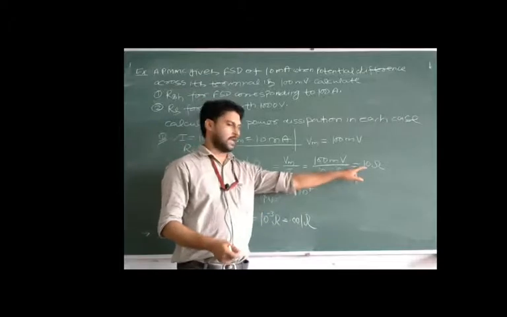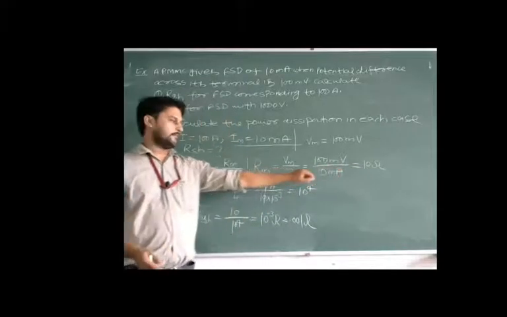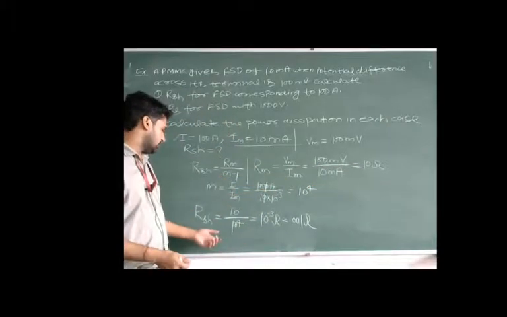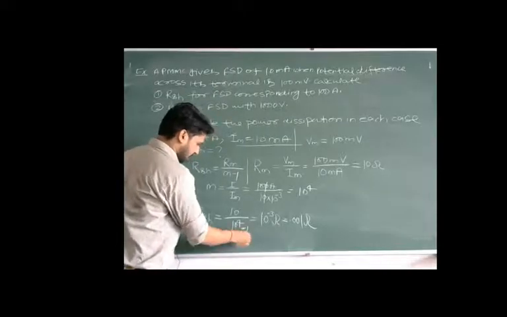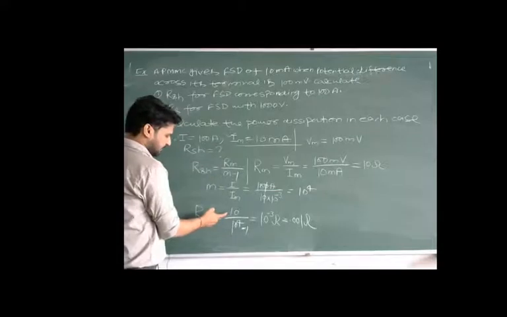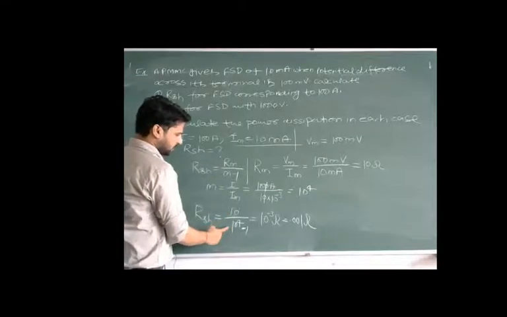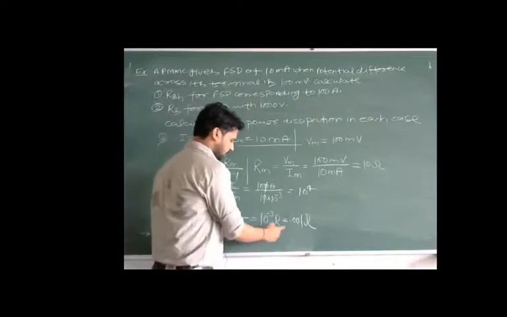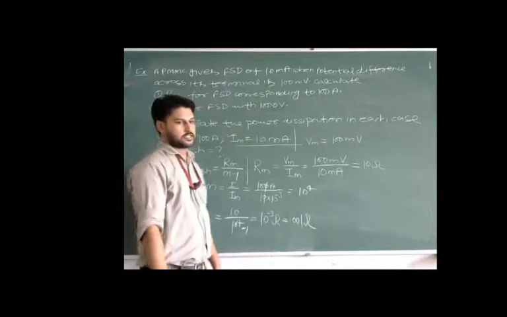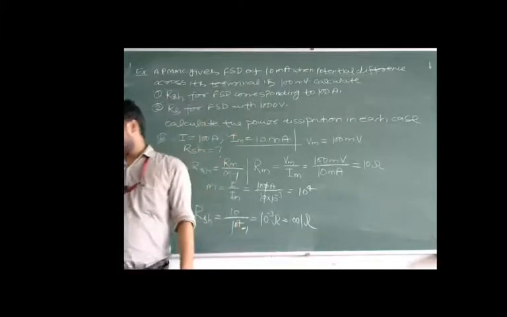This value will become 10 ohm. Again, to calculate RSH, we can write Rm upon m minus 1. Rm is 10 ohm, m is 10 power 4 minus 1, so RSH is equal to 10 power minus 3, which can be written as 0.001 ohm.